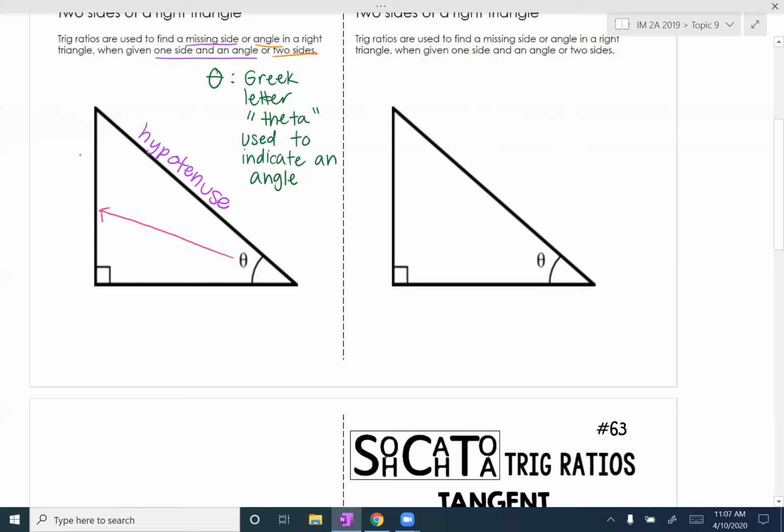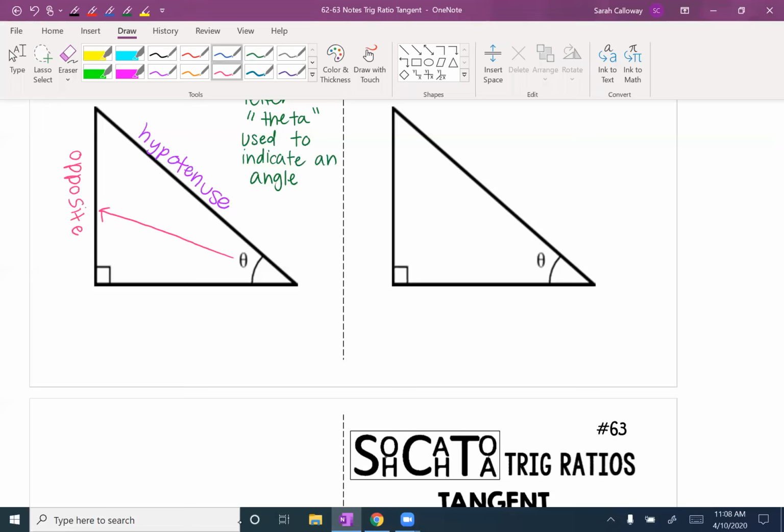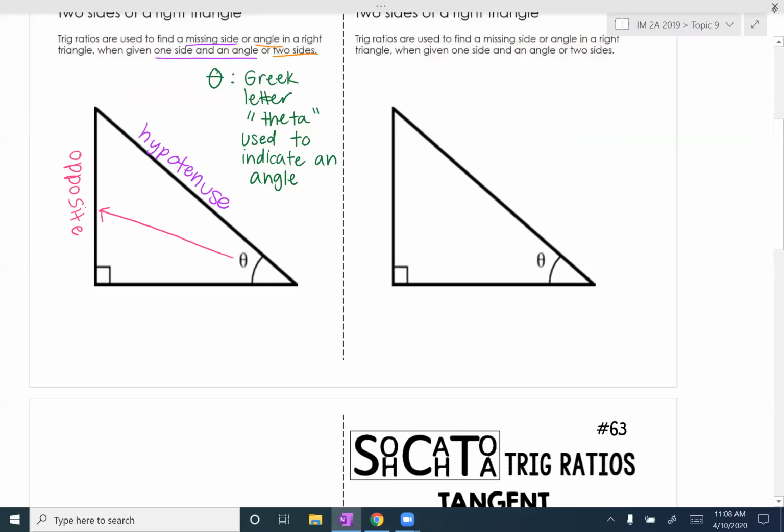This is the opposite side from theta. The location of theta determines where opposite is because it's literally in relation to theta. The hypotenuse is the only side that's always in the same spot with every right triangle. It's always across from the right angle.